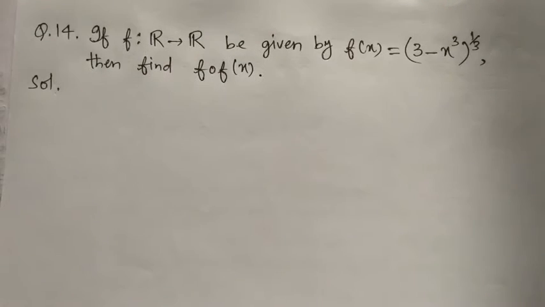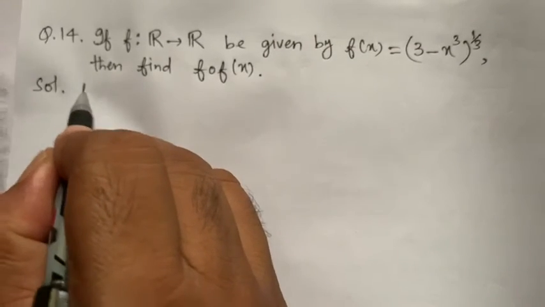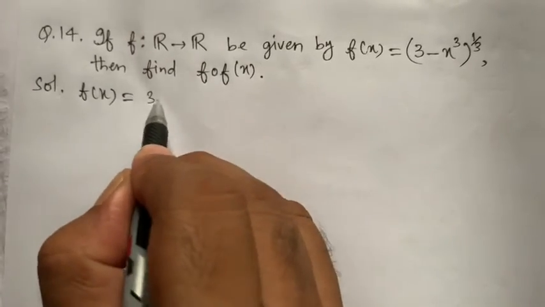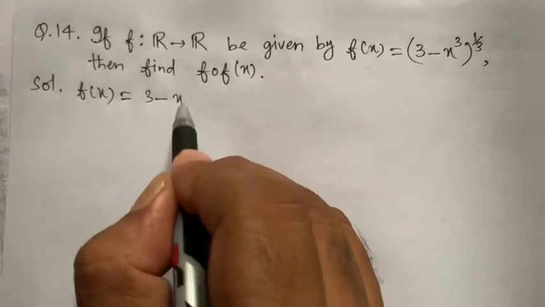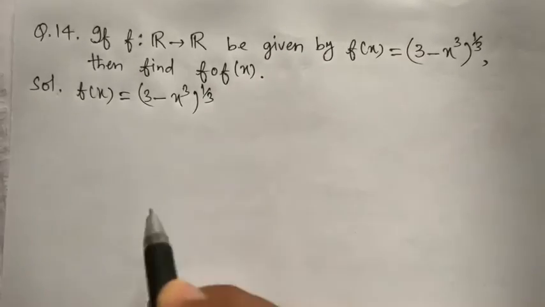Let us take question 14. If f from R to R, the set of real numbers, be given by fx is equal to 3 minus x cube whole power 1 by 3, then we need to find FOF of x. It is a very simple question, and here we will write fx is equal to 3 minus x cube whole power 1 by 3.